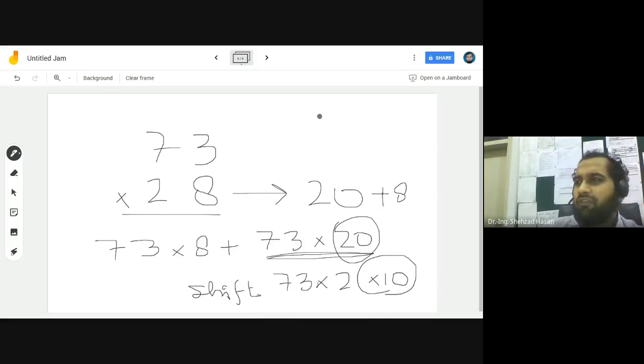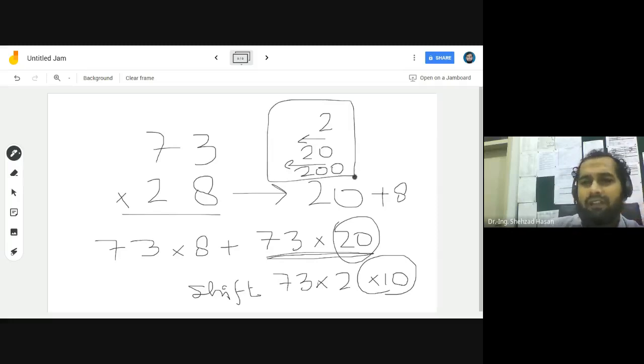If you shift any number to the left once and add a 0 to it, it is as if you have multiplied by 10. And if you do it once more, it is as if you have multiplied by 10 again, right? So we can avoid this multiplication by 20 by converting that into a number like 2, and then simply shift it.